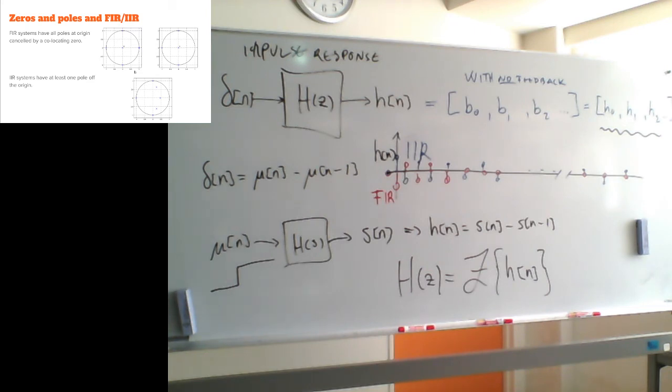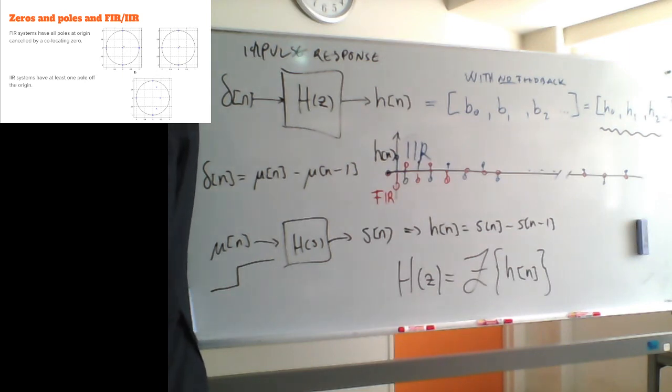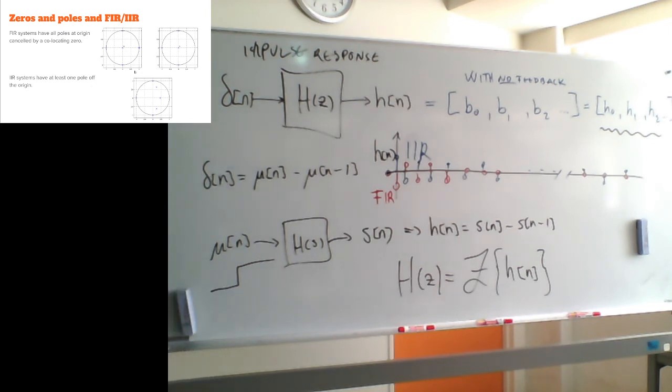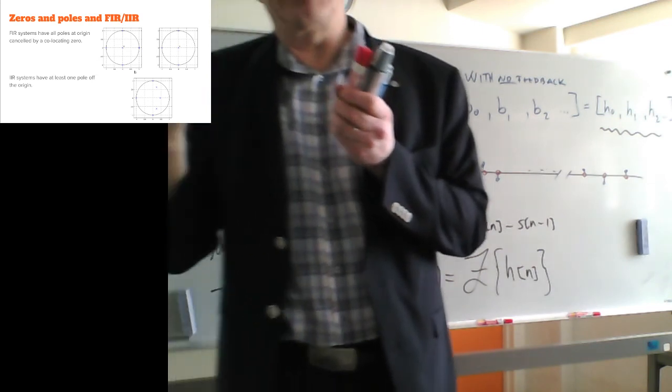For example, these are both the 4-point running average system, zeros and poles. This one here is the normal. This is with the feedback. So feedback, remember, actually makes the system 4th degree.